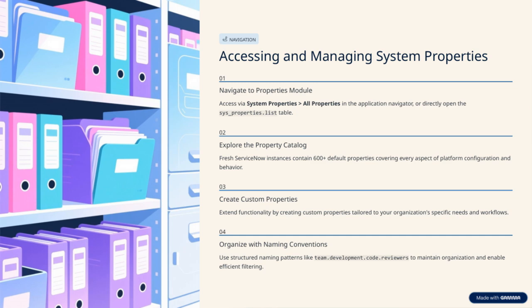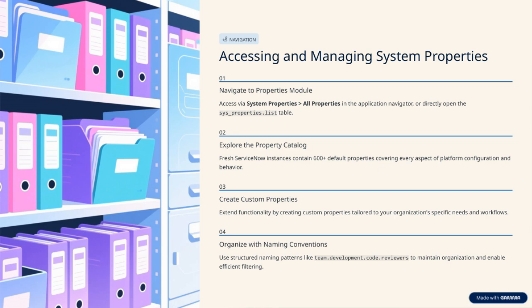It's also important to understand that fresh ServiceNow instances come with over 600 default properties. These cover just about every aspect of platform configuration and behavior, giving you a solid starting point. Exploring this property catalog can help you understand what's available out of the box and how to leverage these settings effectively.